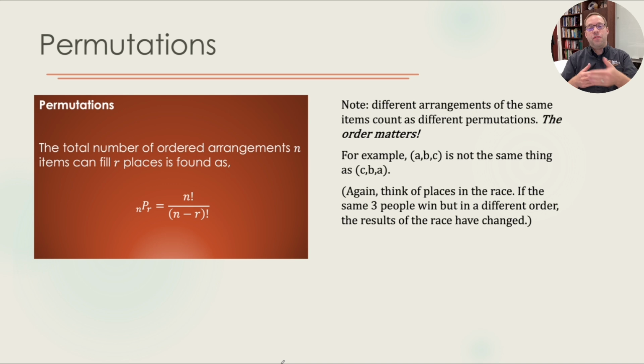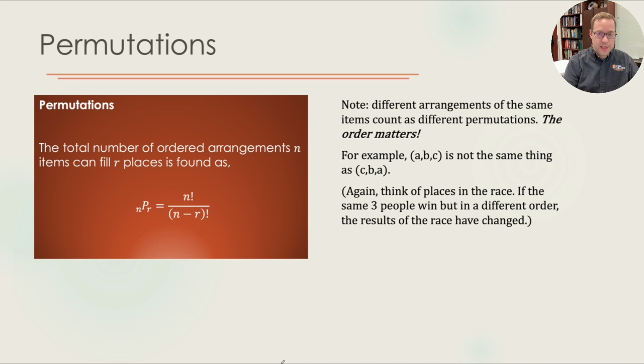How many ways can they finish first, second, and third? Well, if I finish in first place and the next two people finish second and third, that's a very different result from if I switch myself with the second place winner. Then he would have first place and I'd have second place. It's a very different result. I no longer have first place. So with permutations, the order in which they are selected matters.